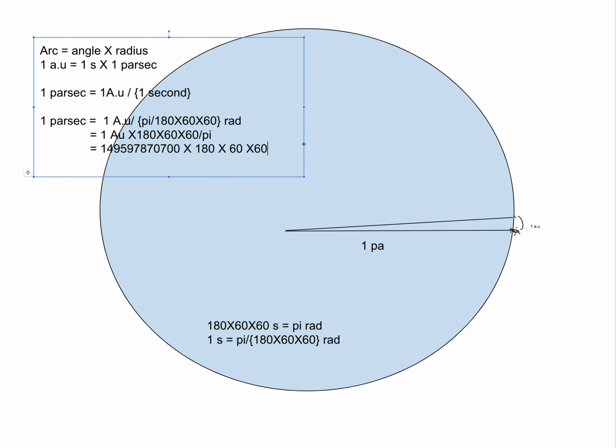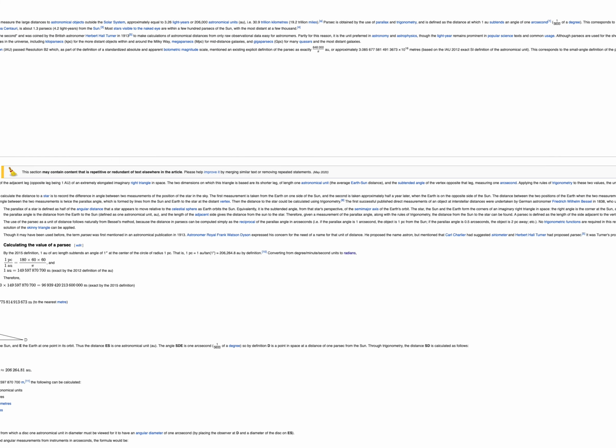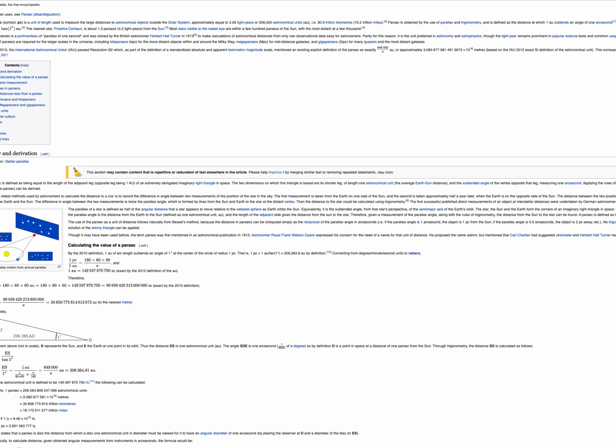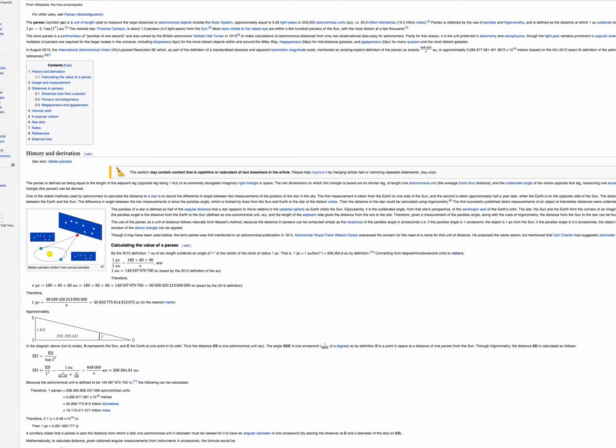This comes to how much? That of course you need a calculator, or we can just check from here. You can see 1 astronomic unit, here it is calculating 180 into 60 into 60 astronomic unit.